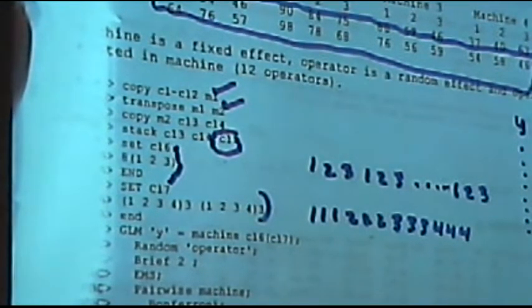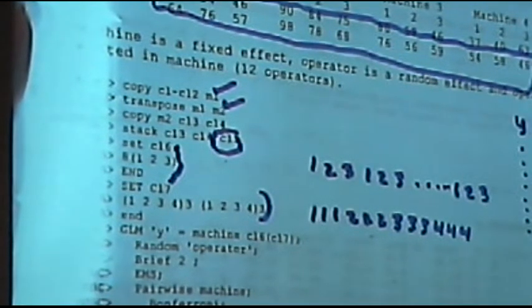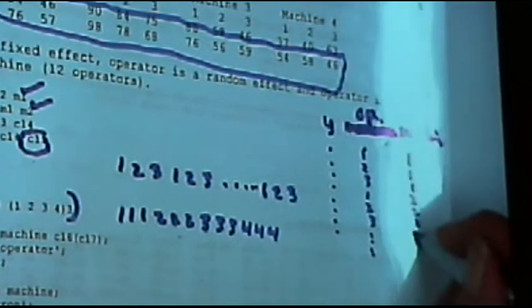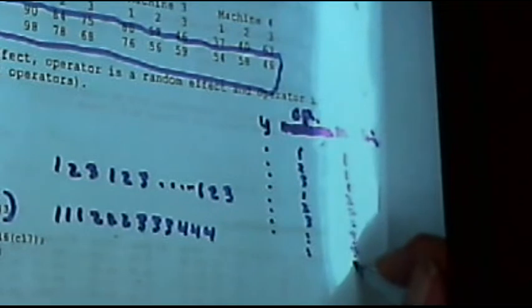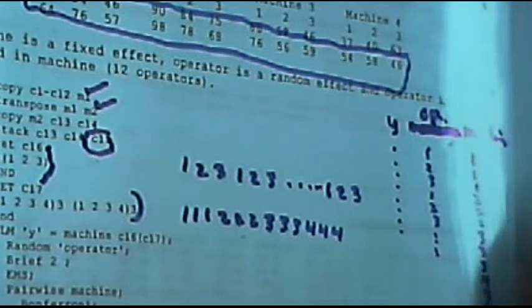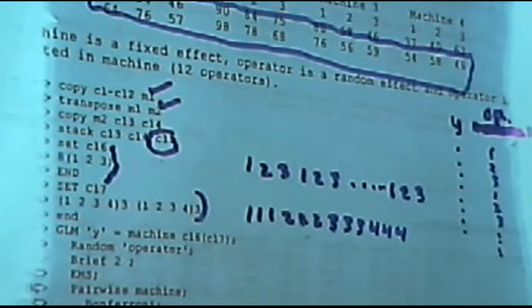If I want machine, it has to be 1, 1, 1, 2, 2, 2, 3, 3, 3, then 4, 4, 4. And then that's got to repeat itself again for the second row of data.